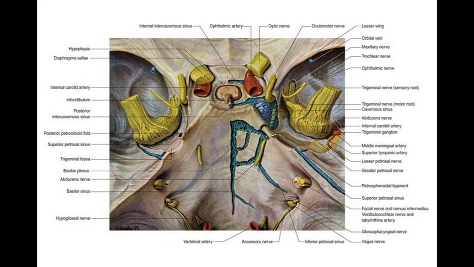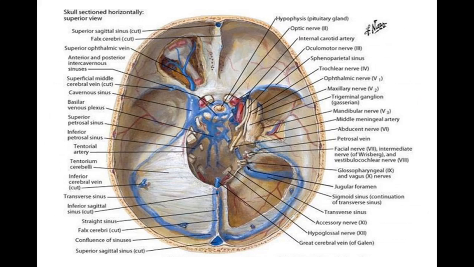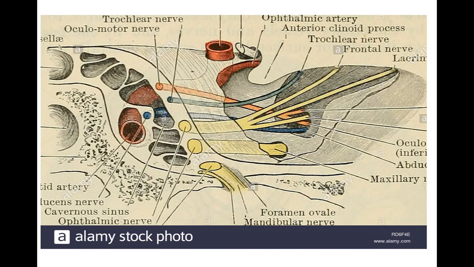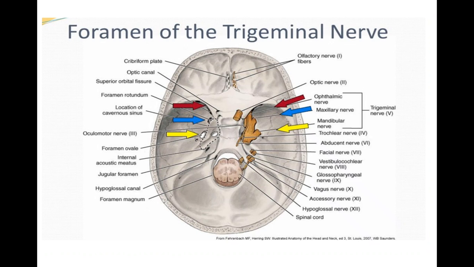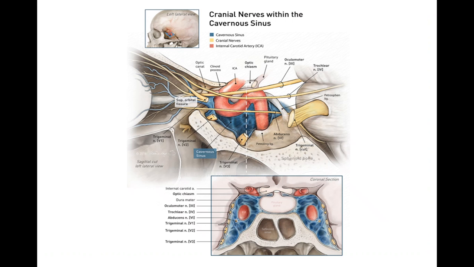Now this ganglion on the anterior side divides into three branches. What are those three divisions? They are the maxillary, ophthalmic and the mandibular. To be specific, from above down, the first is the ophthalmic branch, also called V1.